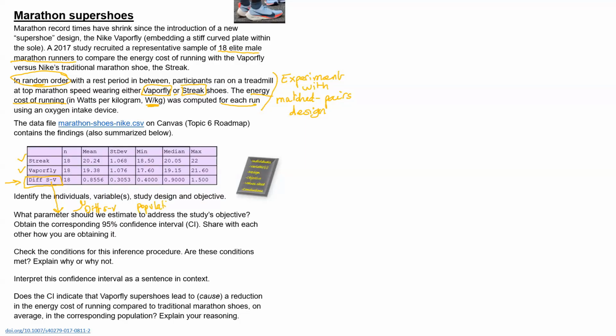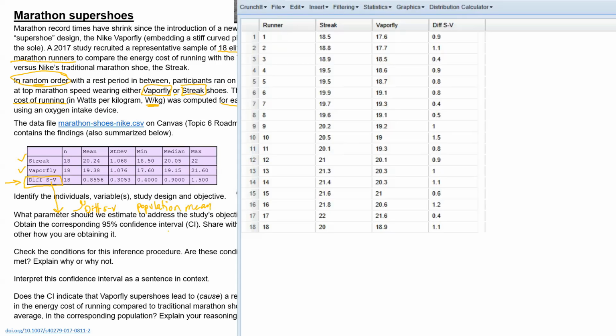Now we want to obtain a 95% confidence interval for this parameter, mu diff. With the raw data, we can directly use the fact that we have those computed 18 values of the difference in energy cost with the Streak versus the Vaporfly, and therefore we can do a one sample T confidence interval on those 18 values.